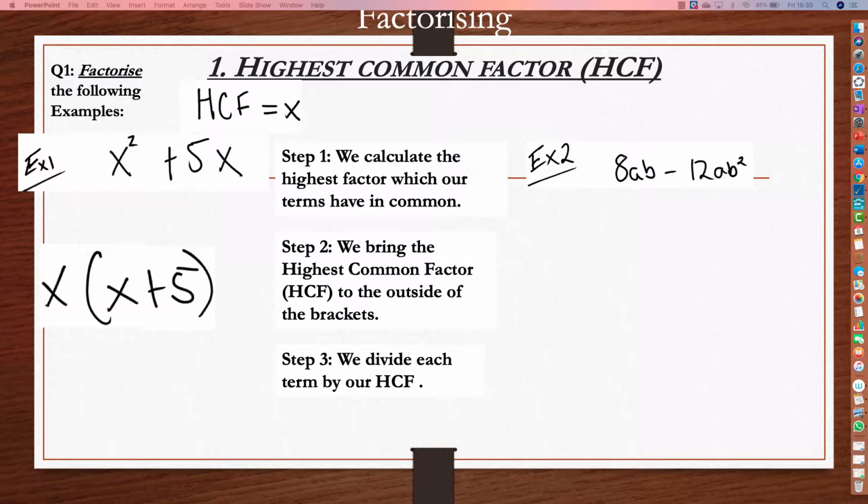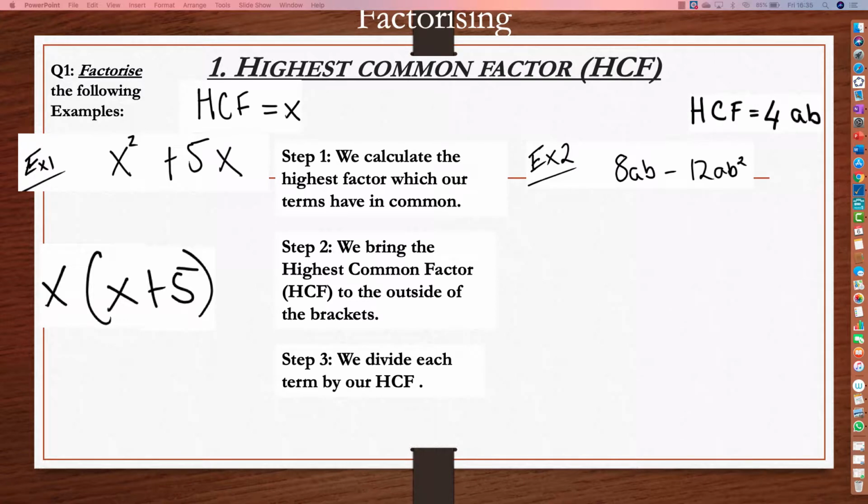There's only one b here, but there's a b squared here, so there's 2 b's there. So, just for the start, what do we think is the highest thing they have in common? 4. Yeah, the highest number they have in common is 4. What about ab and ab squared? They have what else in common?